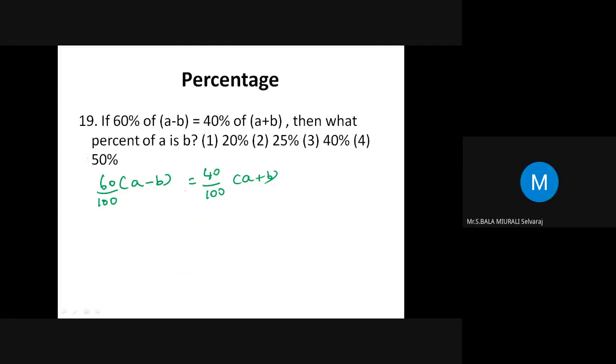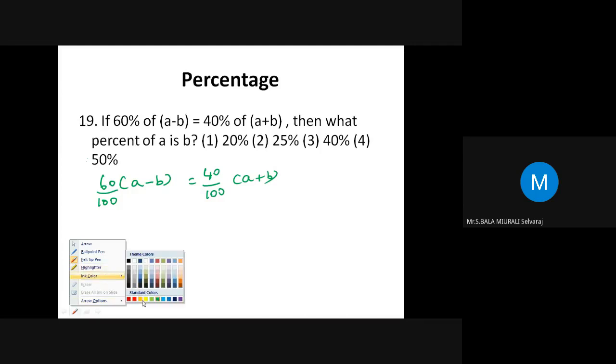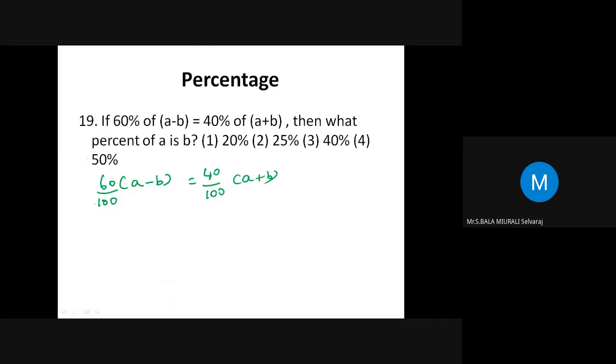You are seeing an equal to symbol, a max shortcut. Don't forget, whenever you see an equal to symbol, numerator to numerator directly cancel, denominator to denominator directly cancel. See here, denominator to denominator directly cancel, over. Whenever you see equal to, you can apply this procedure.